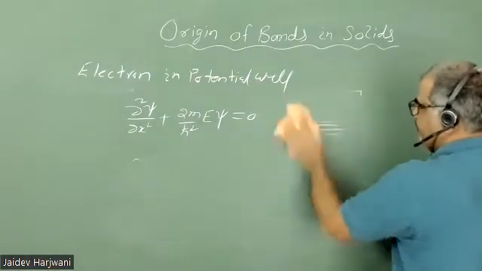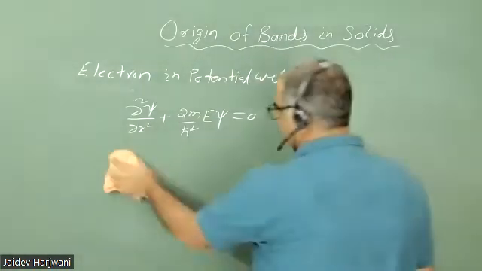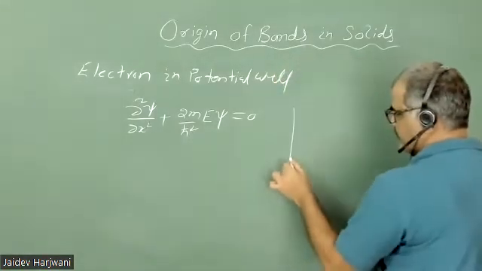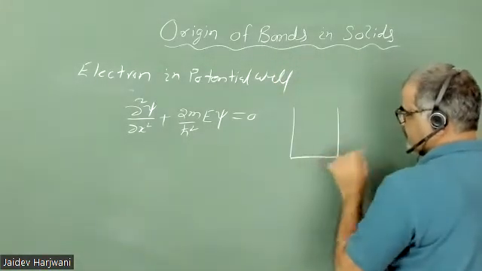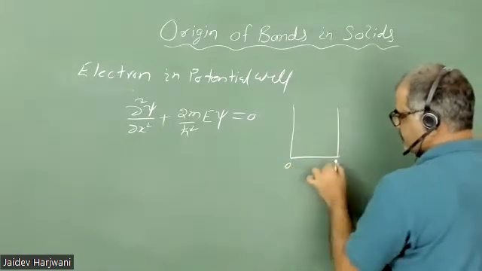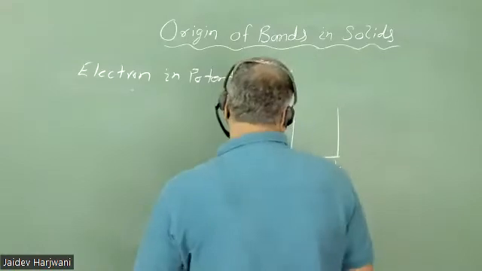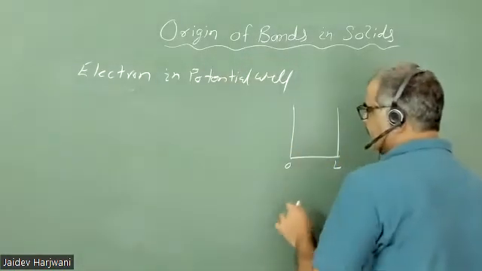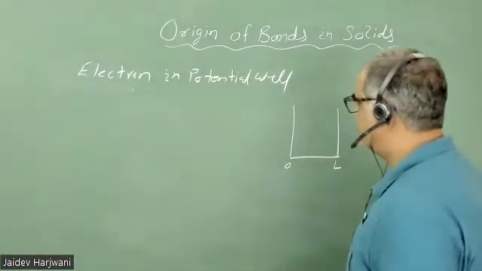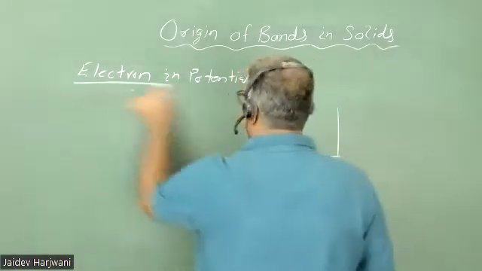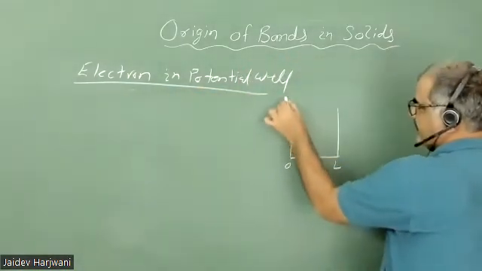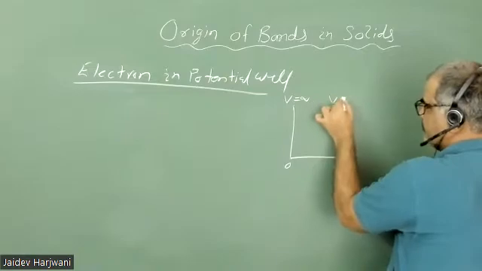The potential is from 0 to L. If I solve the Schrodinger equation, you know this from the particle in a box in quantum mechanics. At the boundaries we have V equals infinite.